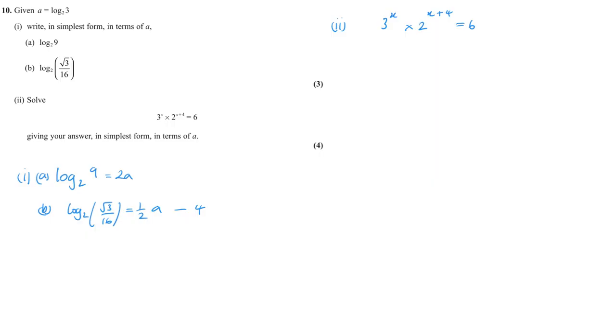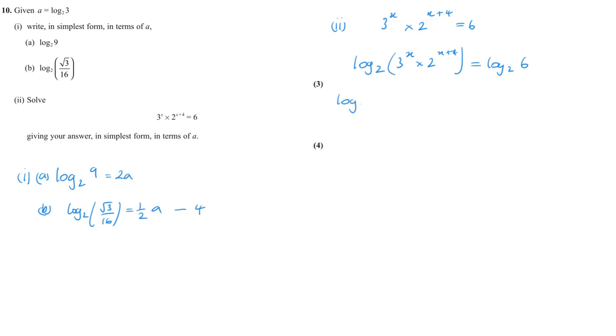So let's take logs. So log to the base 2 of 3^x times 2^(x+4) equals log to the base 2 of 6.